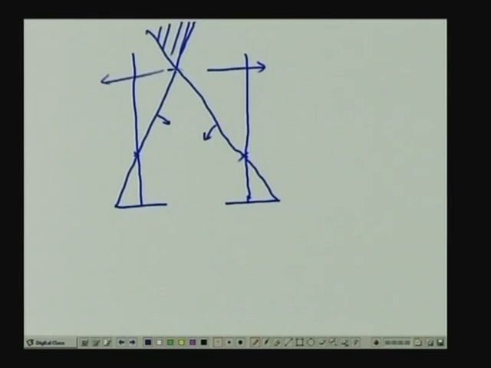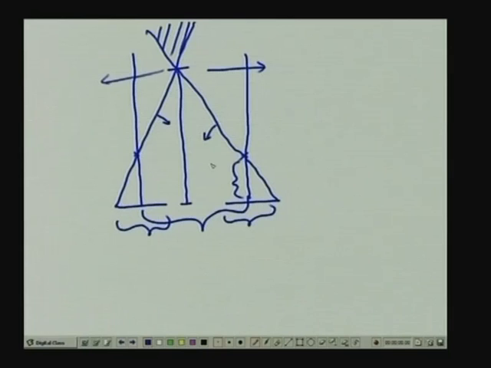So, the minimum depth which can be computed is this particular depth. Now, I know what is the separation between the cameras, I know what is the dimension of the imaging planes, and I also know what is the focal length. So, from this information, by using the concept of similar triangles, you can easily find out what is the minimum depth that can be computed by using this stereo setup.